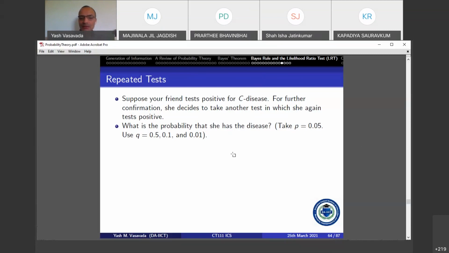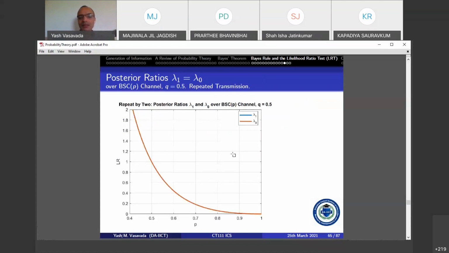So what I ask you is you formulate the same lambda 1 and lambda 0, the posterior ratios for this case. I have already done that, and I'm going to plot just the result. I will not tell you what formula I used to get this result.